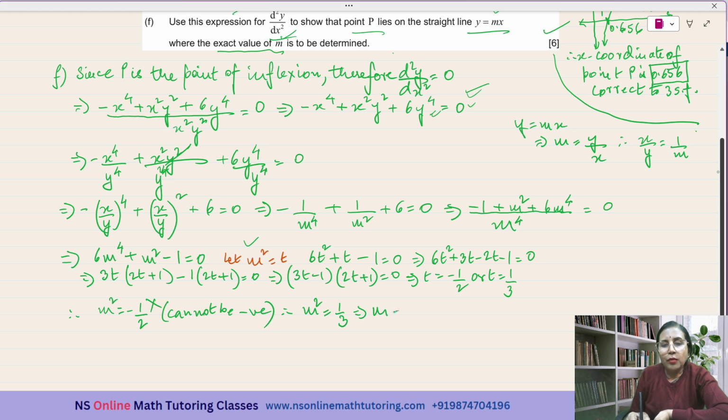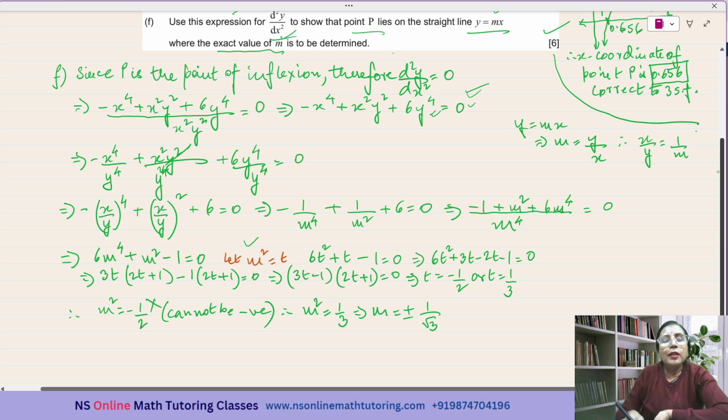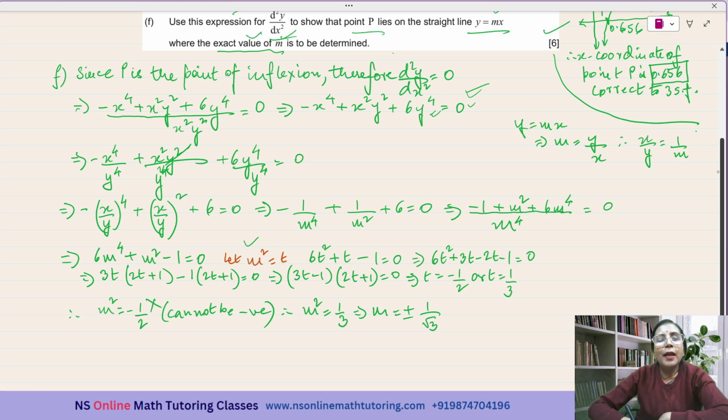So m should be equal to plus minus 1 over root 3. Okay, and you see the question gives you this hint that m will be having a single value, exact value of m. So you are getting x as m as plus minus 1 over root 3.